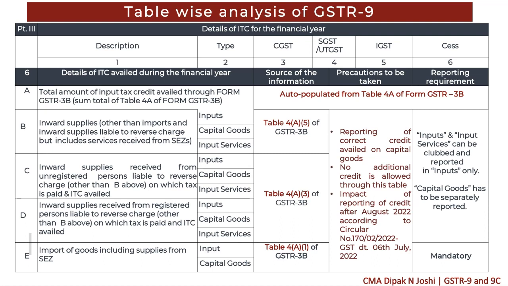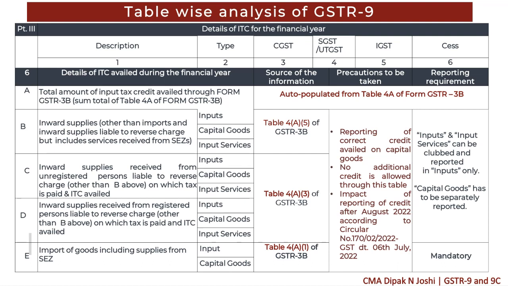Now 6A is the auto-populated figure from table 4A. And in table 6, we are just required to report the bifurcation of input tax credit as inputs, capital goods and input services. Right?